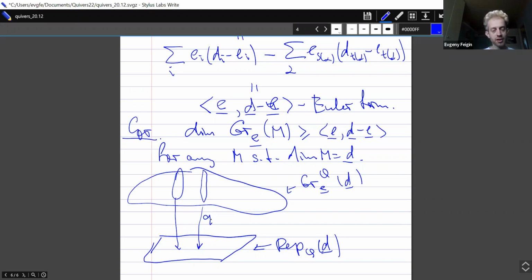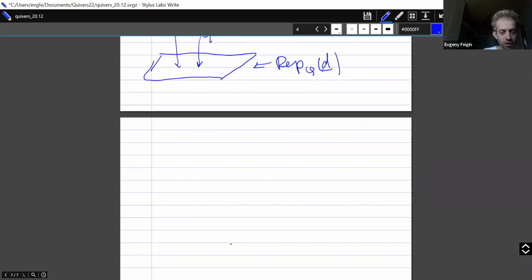But this is a map from a smooth irreducible variety to an affine space, and the general fiber is of the expected dimension, while special fibers may have a larger dimension. This is sometimes called the semi-continuity theorem in algebraic geometry: special fibers have larger dimension than a general fiber.